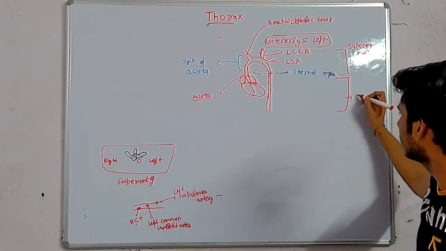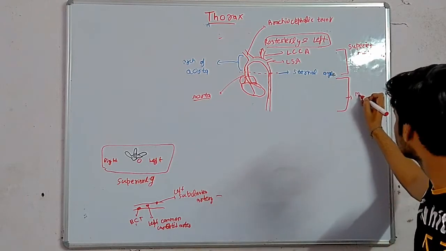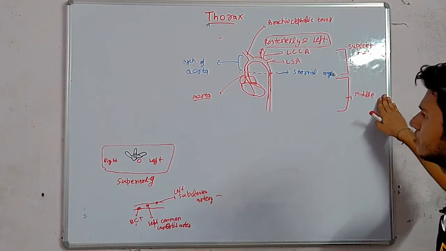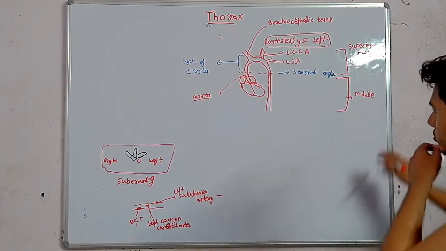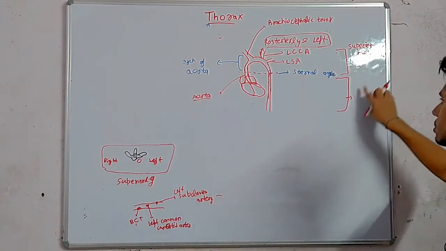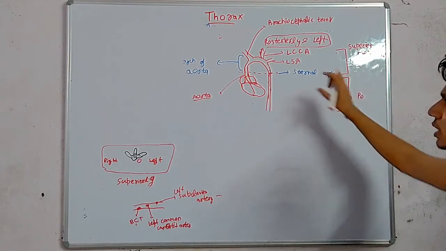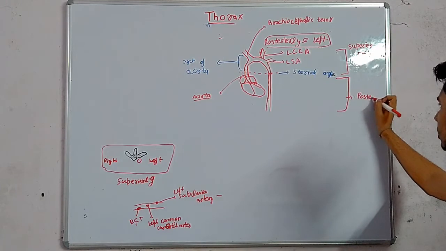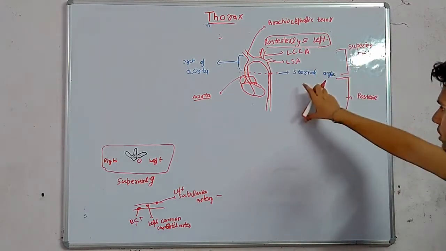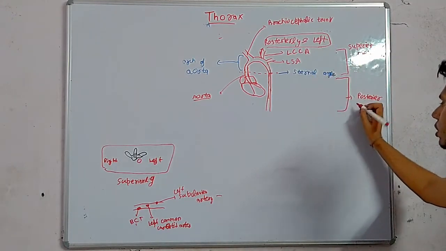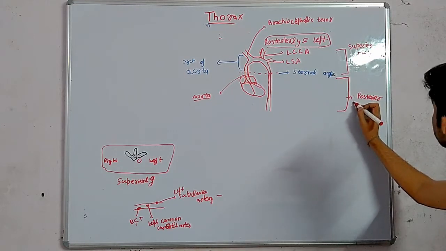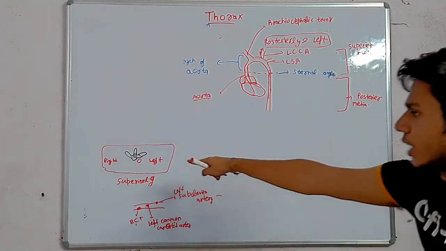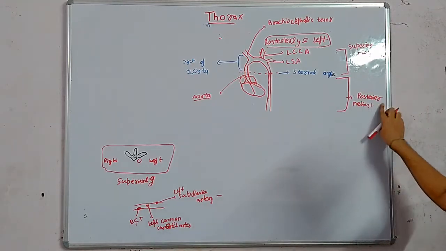The thoracic aorta is present in the posterior mediastinum, inferiorly. This is superior, this is inferior, and the thoracic aorta is present in the posterior mediastinum, because it is present posteriorly, like this.